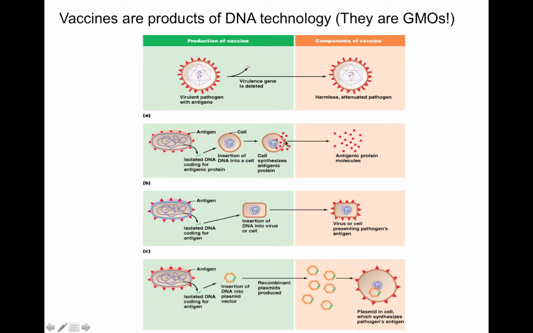Now when they grow, this cell is producing large amounts of this antigenic protein. And so they can grow up large vats of this cell line, and all of the cells in this vat are going to be spitting out this antigenic protein. And then they can purify the antigenic protein, concentrate it, load it into a syringe, and inject it into a host to stimulate B cells and T cells. Awesome. All right.